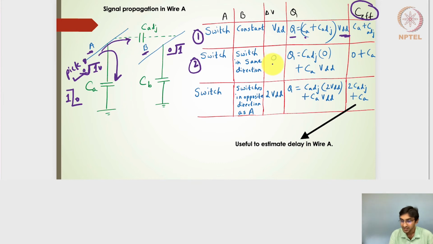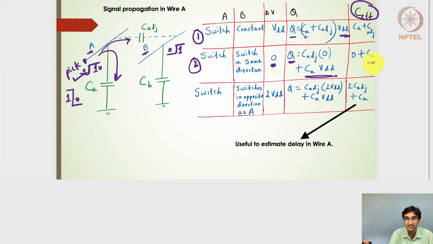So the delta V in this case that has to be provided by the driver circuit, which is driving the interconnect A, will be 0. So the total charge Q will be nothing but C adjacent multiplied by 0, plus it has to charge only the CA capacitance, so CA into VDD. So the effective capacitance will only be CA.